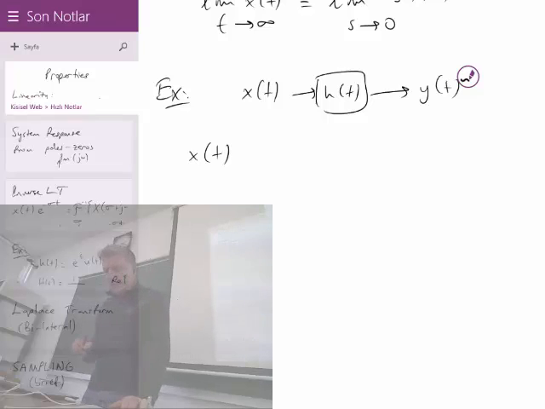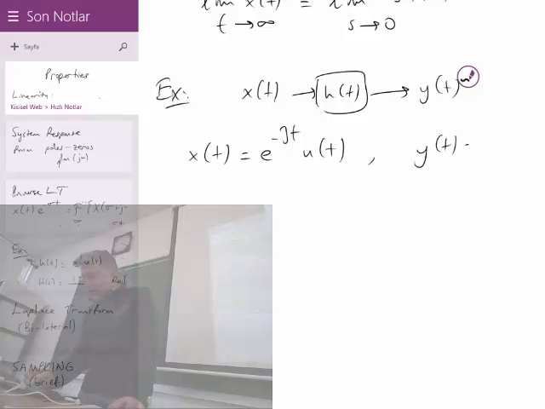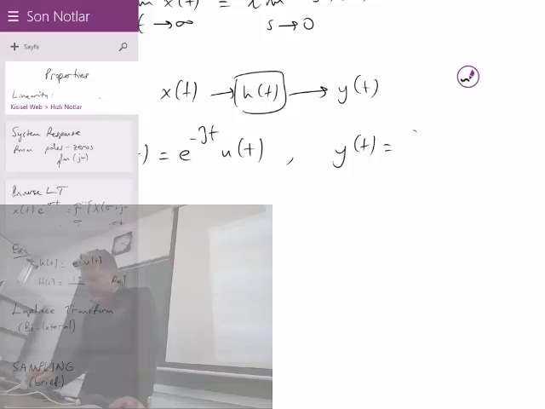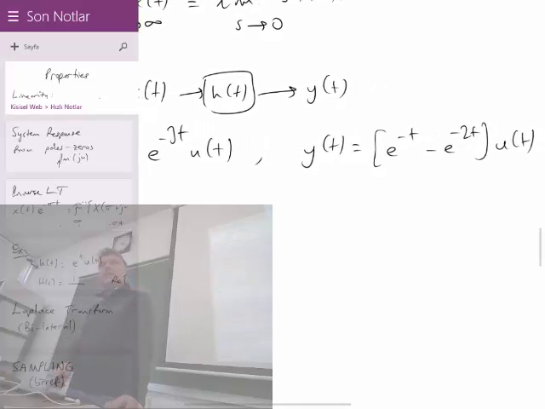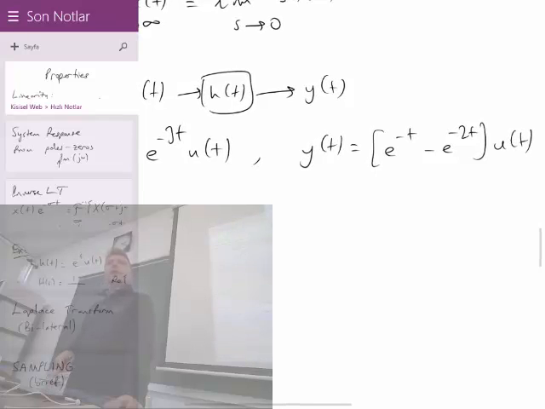But now, since we know other tools like Fourier and Laplace, then we can enrich our black box experiments. For example, if I apply this input and make an observation at the output to be equal to e to the minus t minus e to the minus 2t u of t, what can we say about the impulse response? This black box experiment, by the way, is much more manageable as compared to applying an impulse and observing the impulse response.